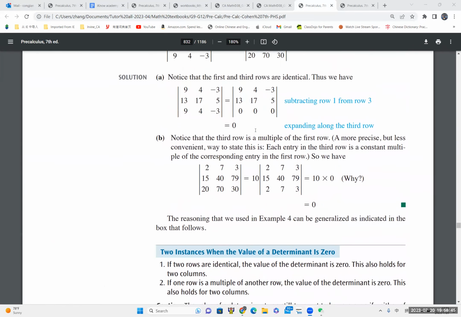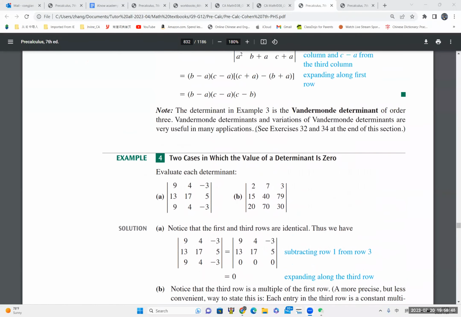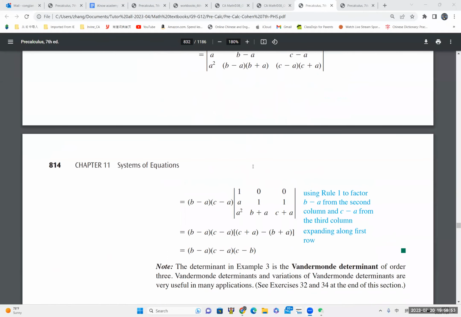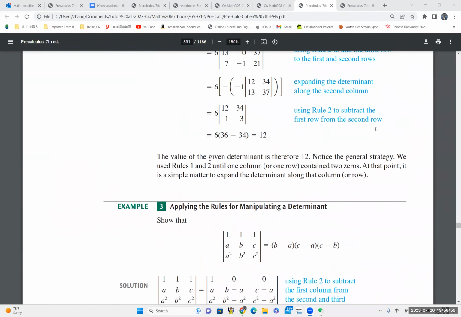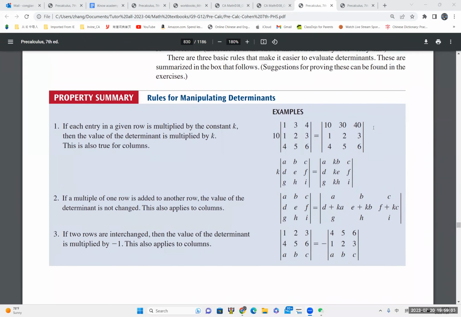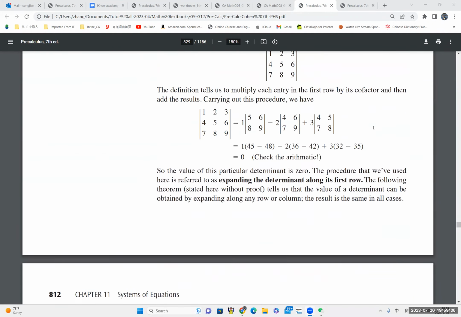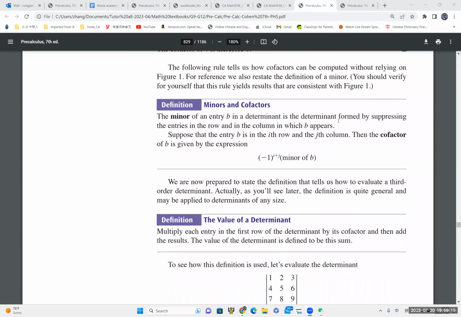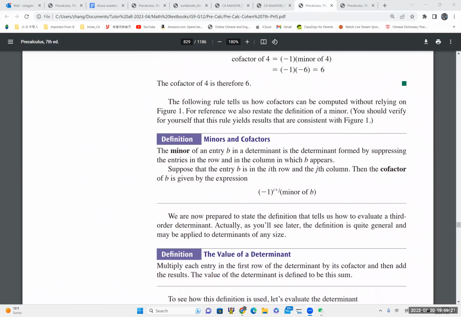Then let's talk a little bit about how to get a determinant. Here they mention it, but this is just an example, not the general rule. Property summary, theory, definition of minor and cofactor.